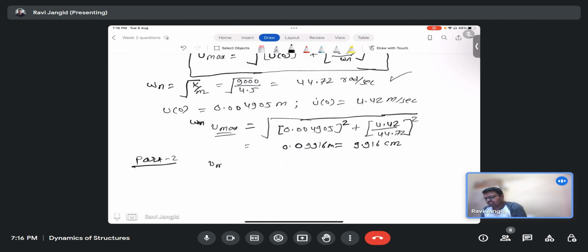If I have u maximum and I want to find the maximum velocity, u dot maximum, I multiply omega n with u maximum. And if I want to find the maximum acceleration, I will do omega n square times u maximum.